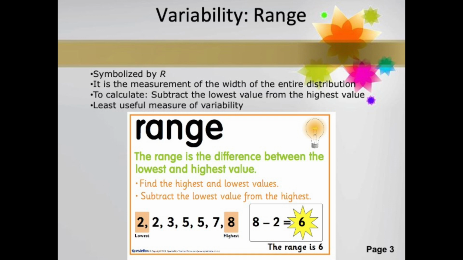This doesn't tell us a whole lot, just a crude measurement of the distribution, but it's really the least useful measure of variability, and that's something you're going to want to know for the quiz. Range is the least useful measure of variability in the same way the mode is the least useful measure of central tendency.